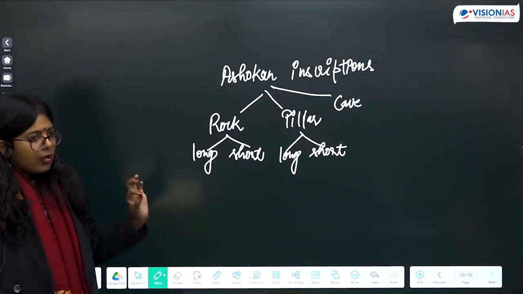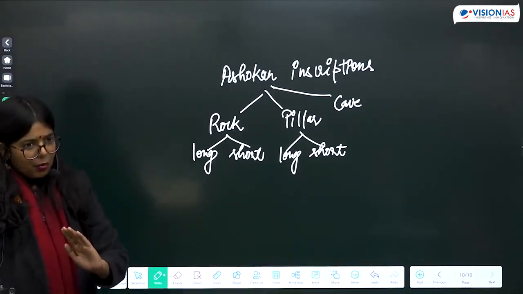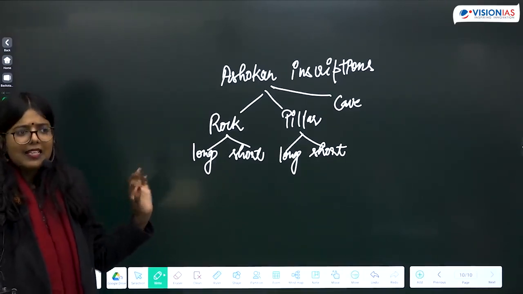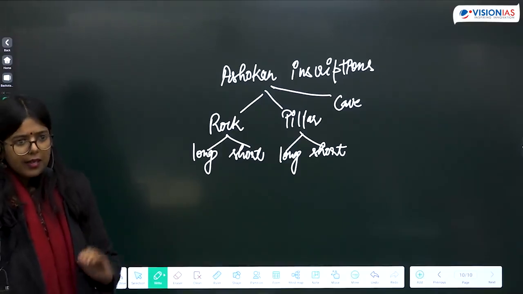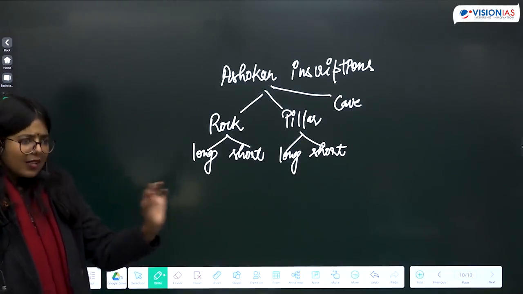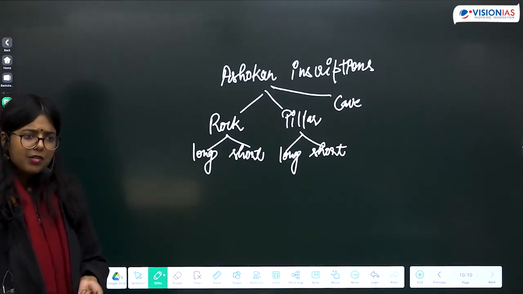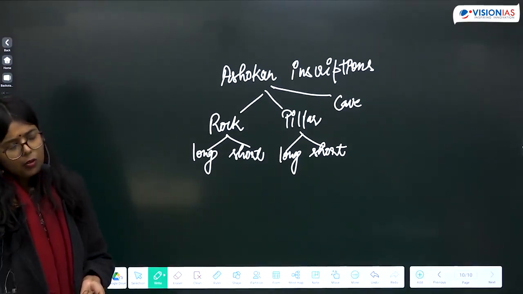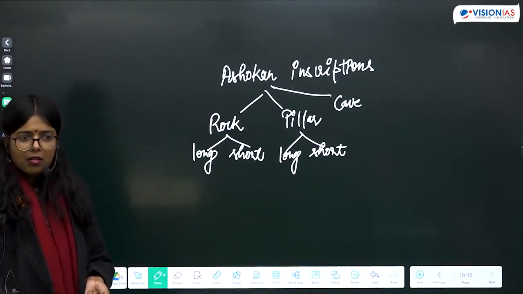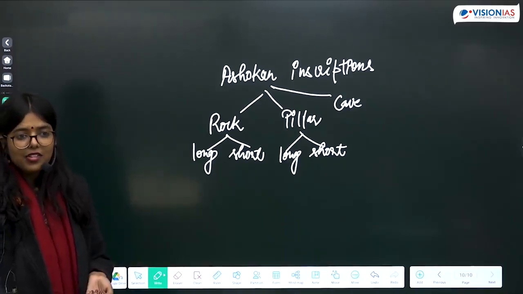The other important thing, the content, what is written in these rock edicts or pillar edicts, we'll discuss when we discuss Ashoka. Here, understand the nature of the sources. What is the language and what is the script? Are all the Ashokan inscriptions in Brahmi script? Prakrit is a language.